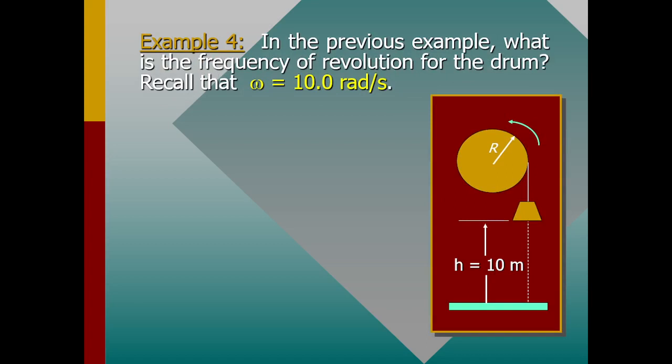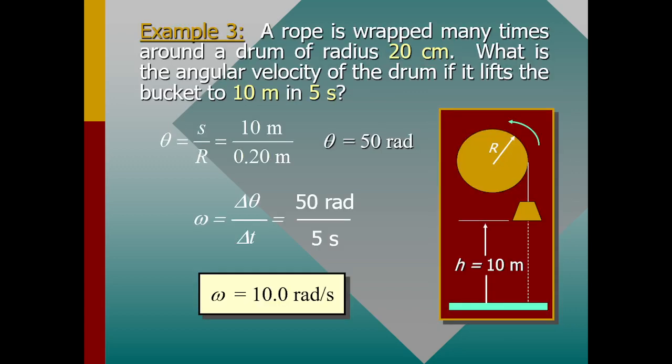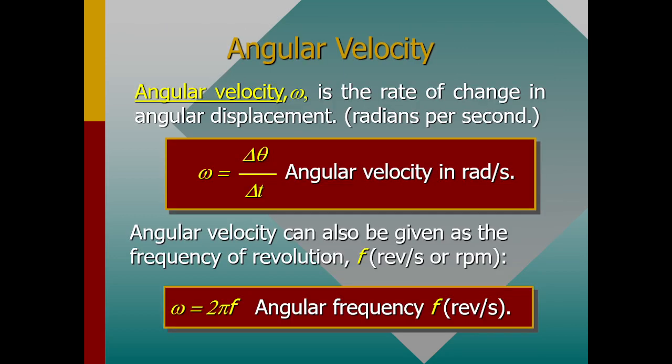Example 2. In the previous example, what is the frequency of revolution for the drum? This question is a building up of that question. So here you are going to use the relationship we had, which is that angular velocity is equal to 2 pi frequency.